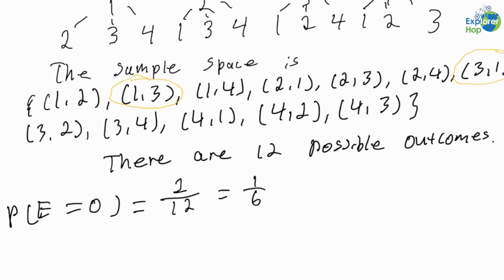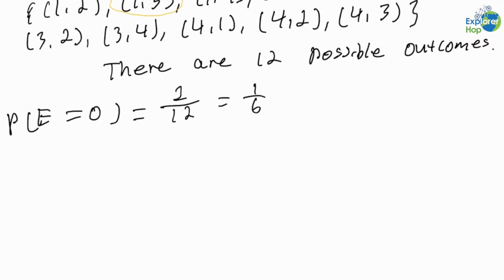Now let's find the probability of E being equal to 1. So this is just the probability of there being one even number. And once again, we first need to determine the number of ways to have one even number.